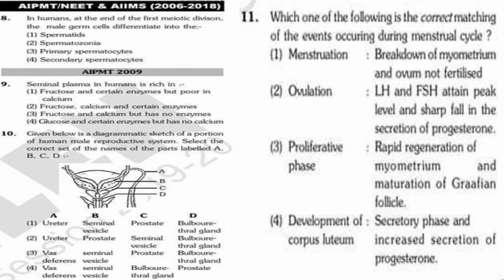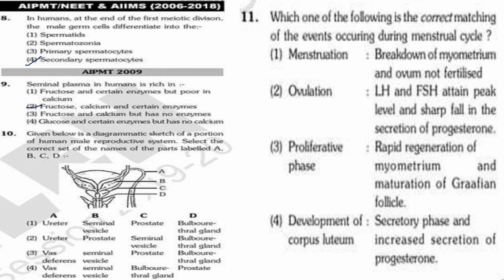Coming to the next, in humans, at the end of first meiotic division, the male germ cells differentiate into the secondary spermatocytes. After first meiotic division, meiosis 1, the primary spermatocyte is divided into secondary spermatocyte. Now, the seminal plasma in humans is rich in fructose, calcium as well as certain enzymes. This is also a direct question.